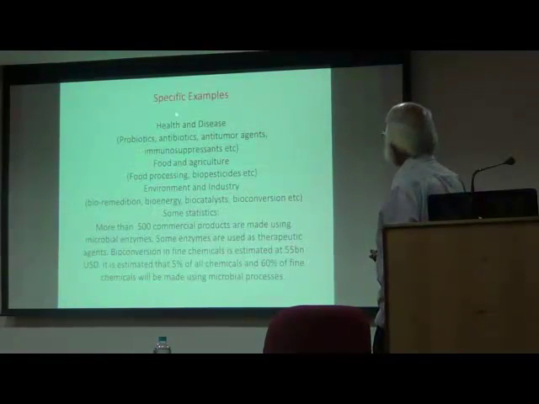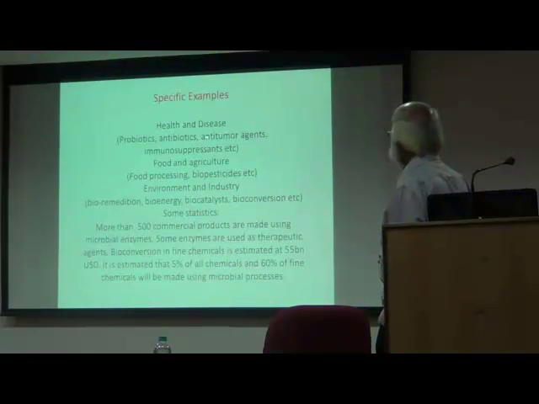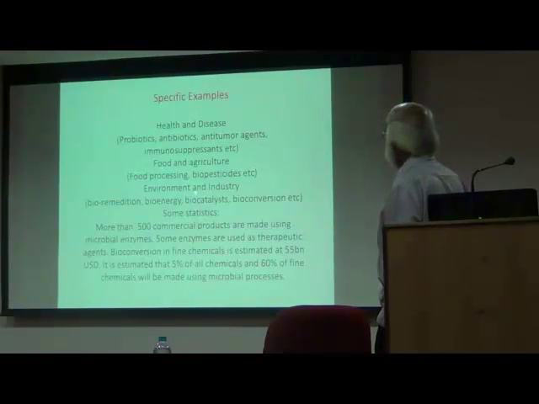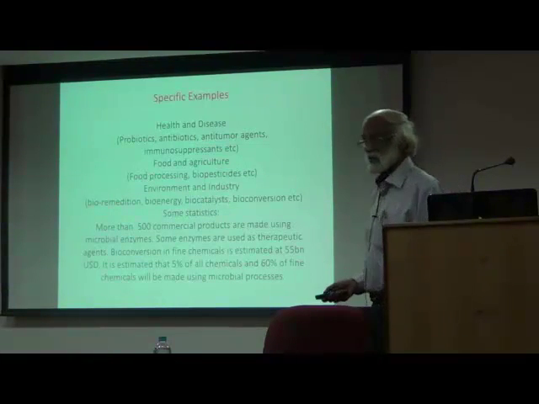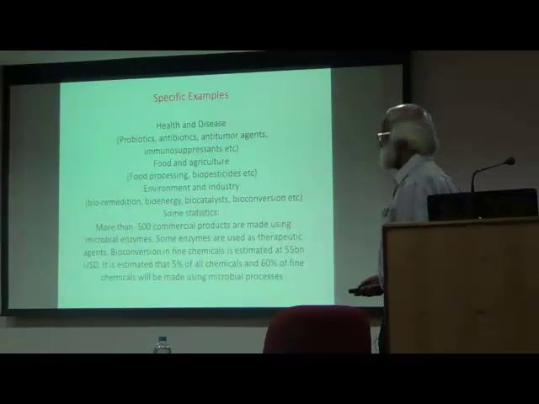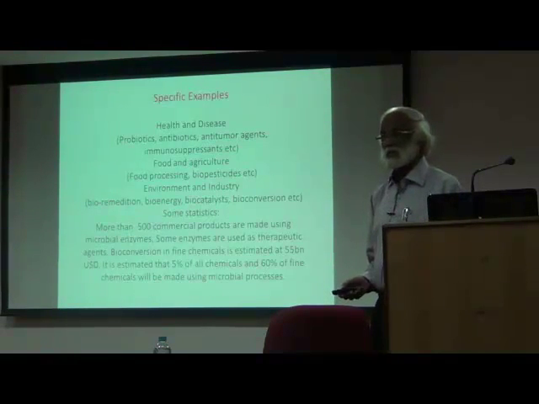A few examples in health and disease: probiotics, antibiotics, anti-tumor agents, immunosuppressants, they all come from microorganisms. In food and agriculture, food processing, biopesticides, bioremediation in environment, bioenergy is the big subject, biocatalysis, bioconversion. 500 commercial products are made using microbial enzymes.